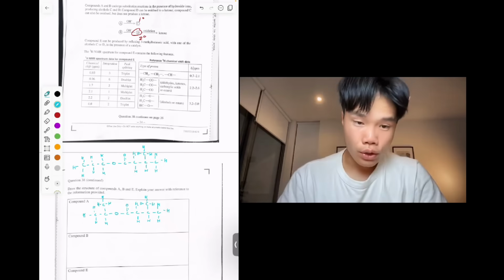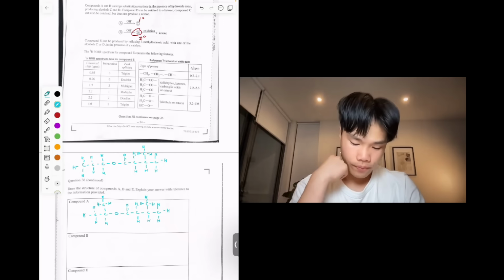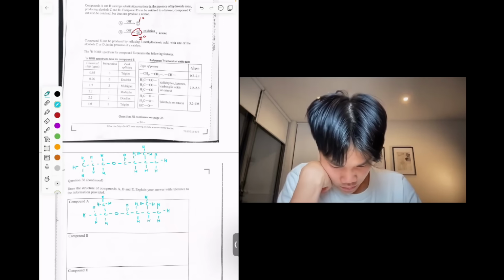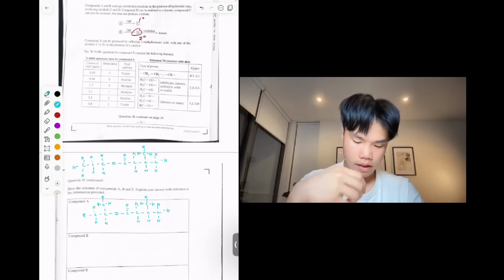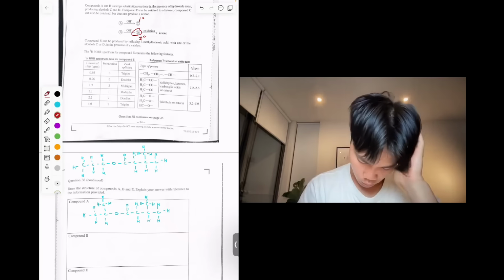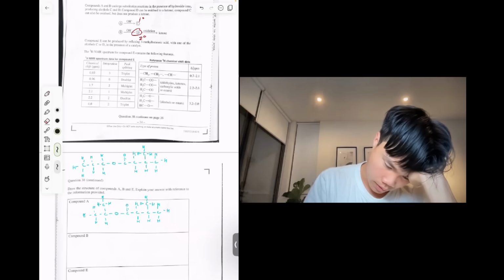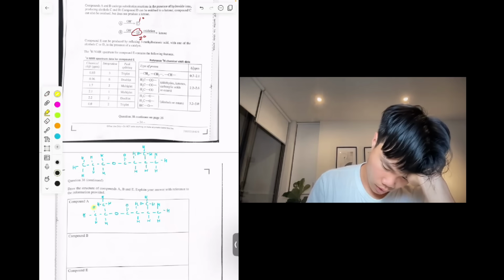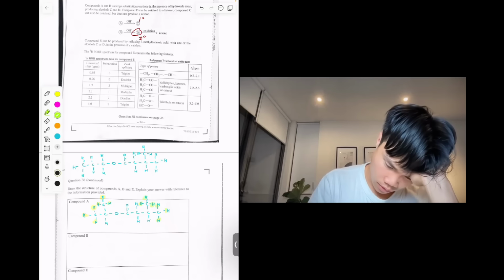Okay, so now you need to show which of these will have 6 different hydrogen regions. And looking at it immediately, I'm leaning towards the top molecule because you have 1, 2, 3 and 1, 2, 3, and they are identical.